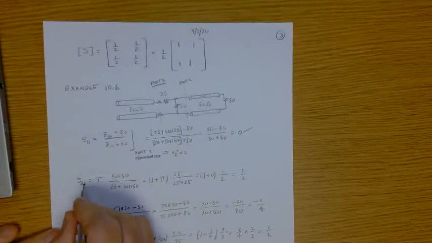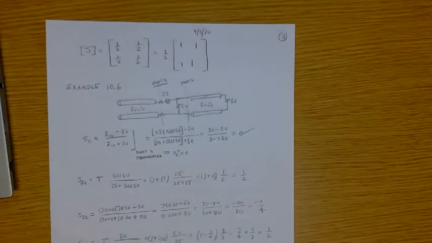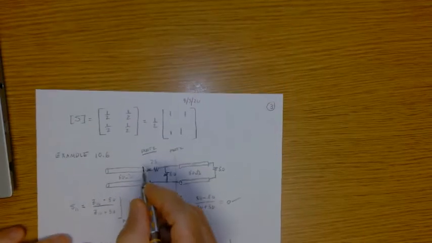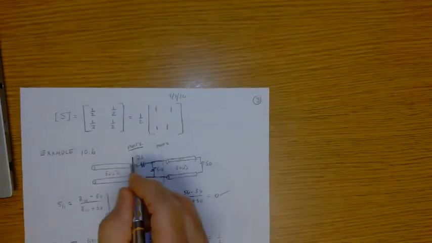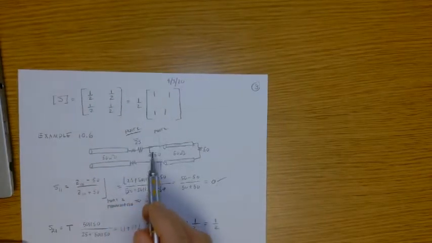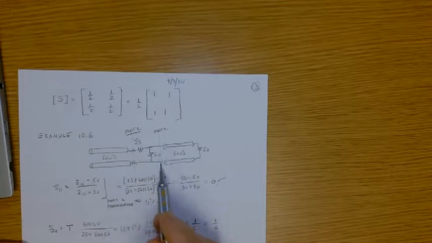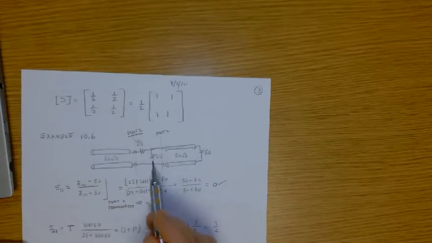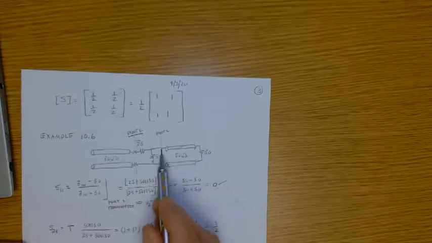So what is S21 going to be, right? We're going to use the same approach that we used on the previous problem. So we're going to multiply the transmission coefficient, right? That'll give us the amount of the wave headed in this direction. And then we have to figure out how much of that is delivered here, right? Well, that's going to be how much of that is delivered to the 50 ohms in parallel with 50 ohms, right?